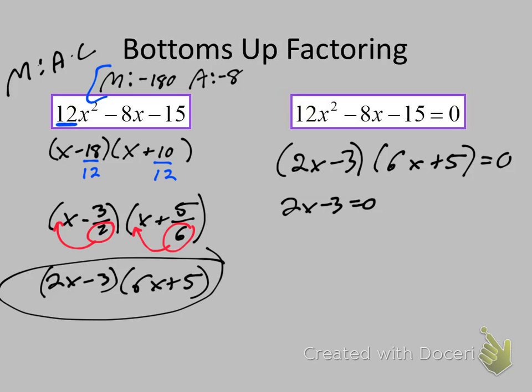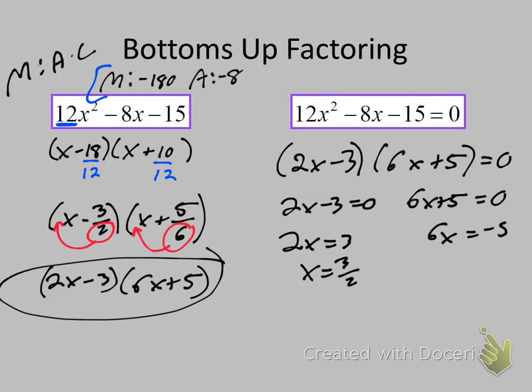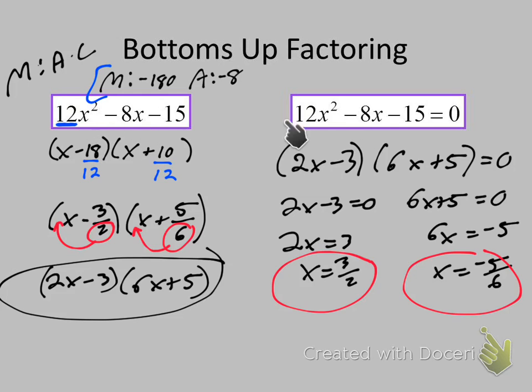Split them off. 2x minus 3 equals 0, 6x plus 5 equals 0. 2x equals 3, x equals 3 halves. 6x equals negative 5, x equals negative 5/6. They're the same thing here. So I just picked it up from down here and solved it.